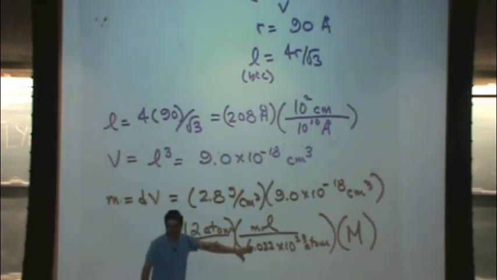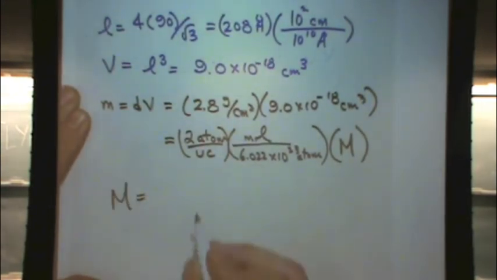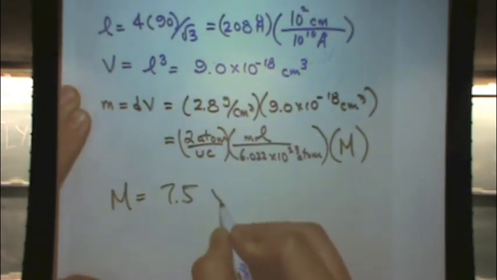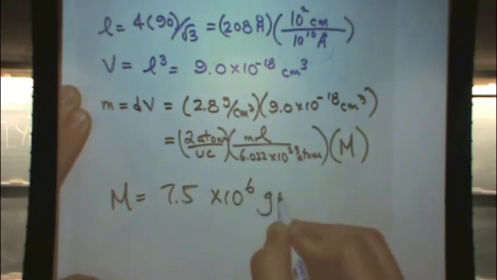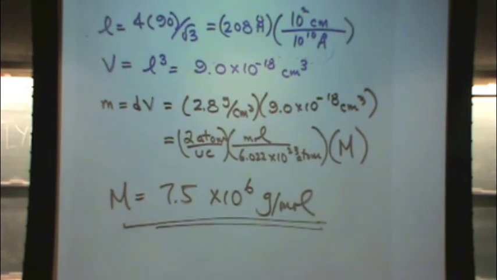I only have one unknown, and it's capital M, or molar mass. Molar mass turns out to be 7.5 times 10 to the 6th grams per mole. And it's as we expected. It's a virus, it's a biological entity, it has a very huge molar mass.